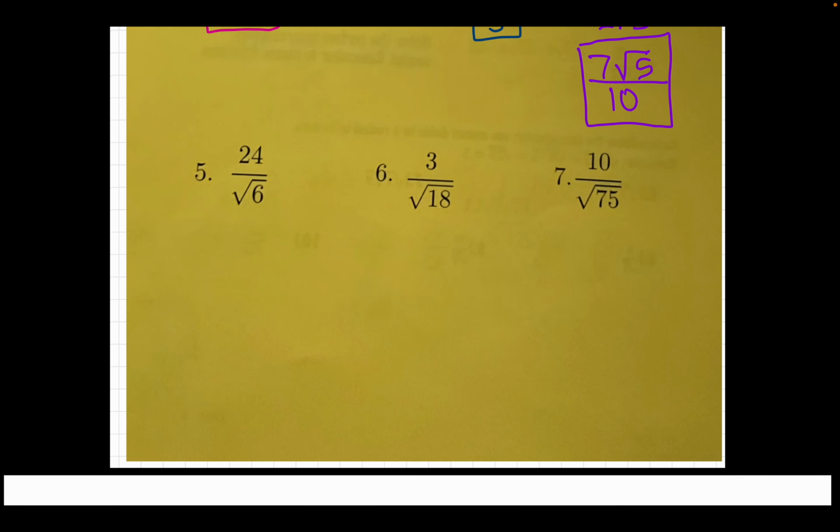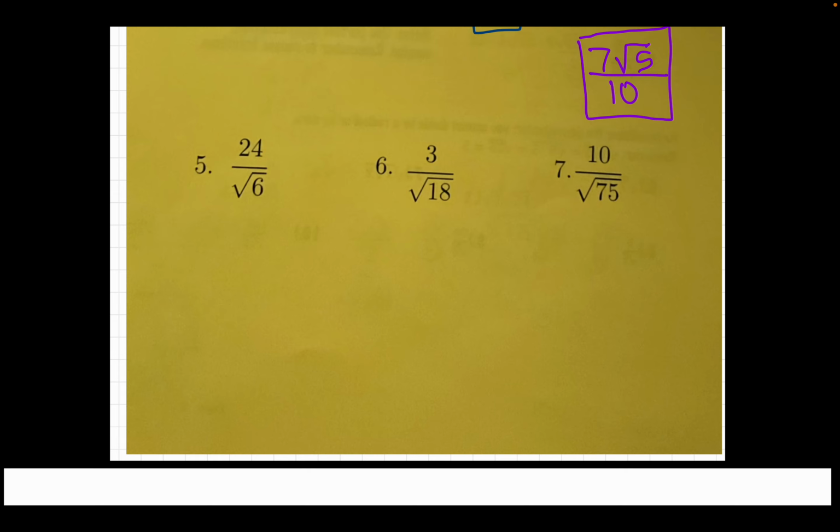Okay, number 5. So we have 24 over 6 square root of 6. So again, let's rationalize the denominator. So times top and bottom by square root of 6. So we get 24 square roots of 6 over 6.